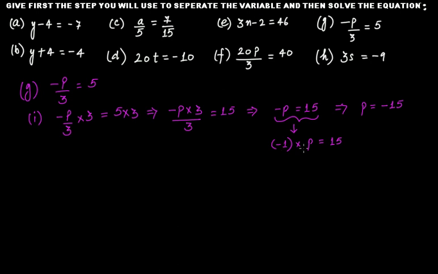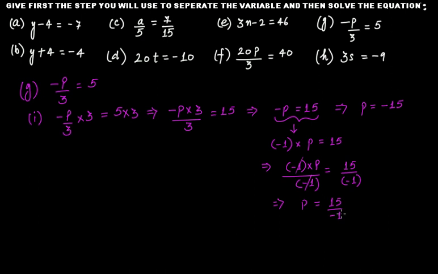So if we divide both the sides by minus 1, then what you'll get? You'll get minus 1 times p divided by minus 1 equal to 15 divided by minus 1. So this minus 1 and this minus 1 gone, you'll be left with p equal to what? 15 divided by minus 1.